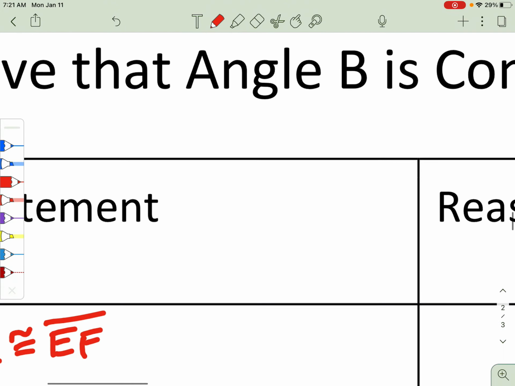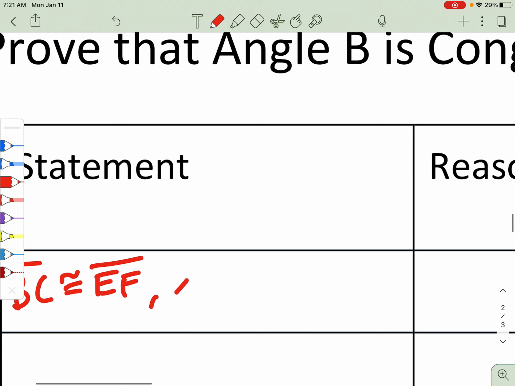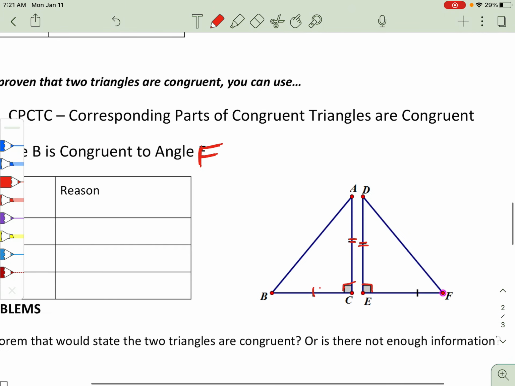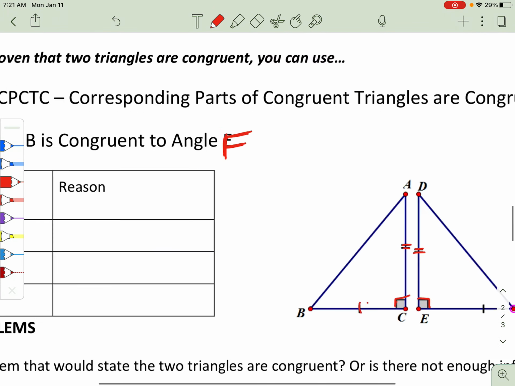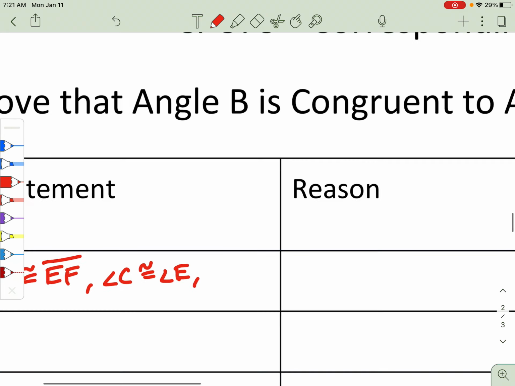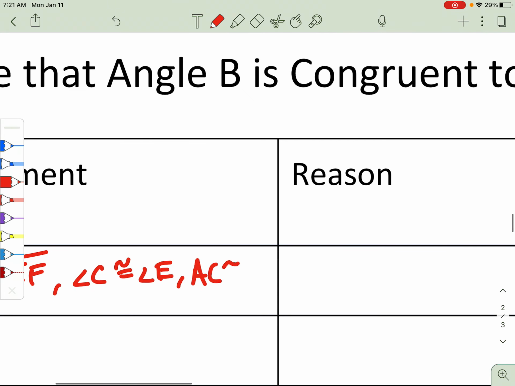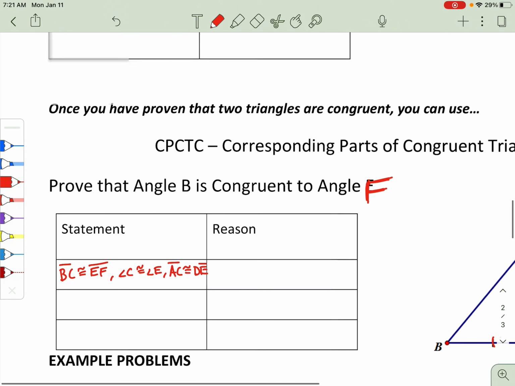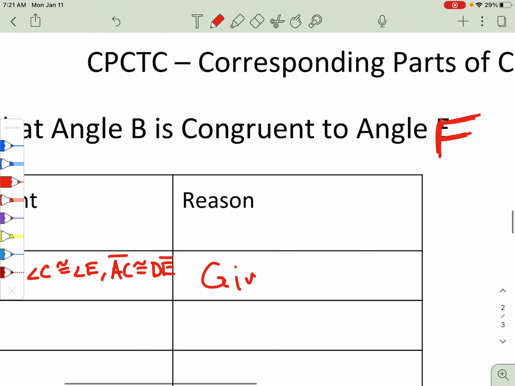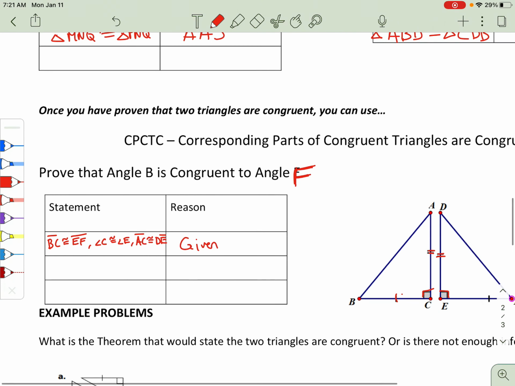Angle C is congruent to angle E, and AC is congruent to DE. Okay, so those are all given. Those parts of the triangle are all given.